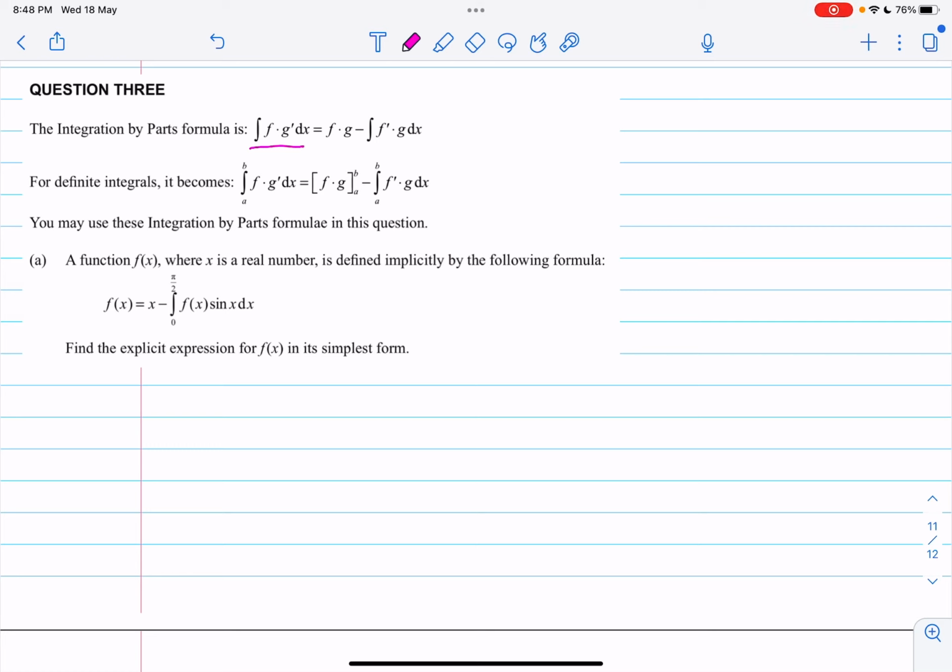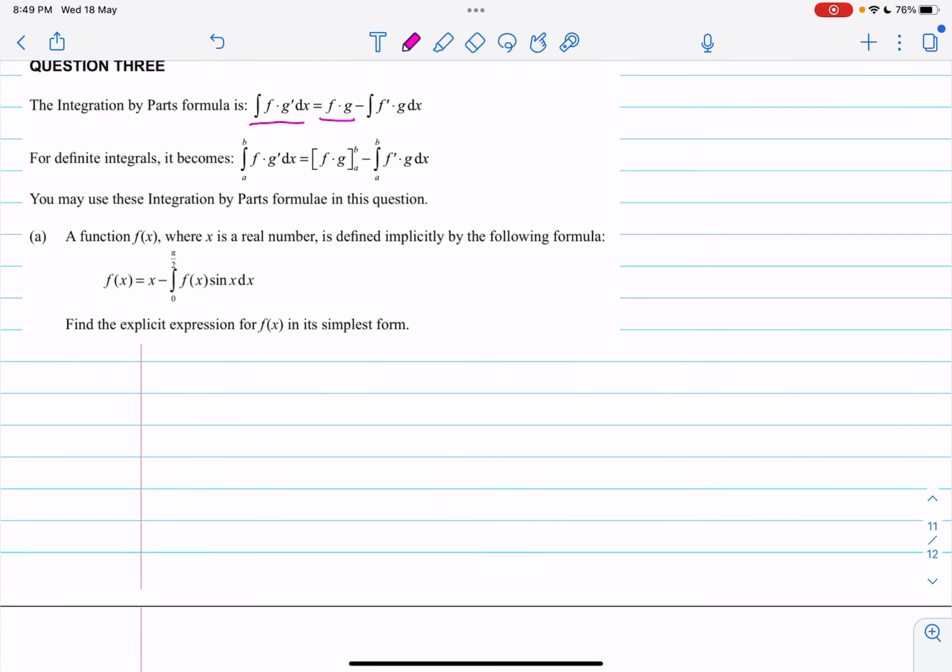When you have an integration of two functions multiplied together, you're going to say that the first function is the original function and the second function is a derivative of another function, and then you're going to integrate that second function, then multiply the first function by the integration of the second function, then minus the integration of the derivative of the first function times the integration of the second function. Well, it's a bit complicated, but I'll show you.